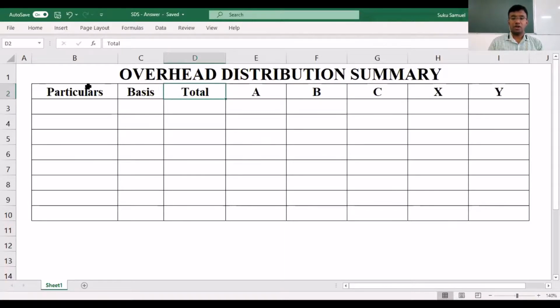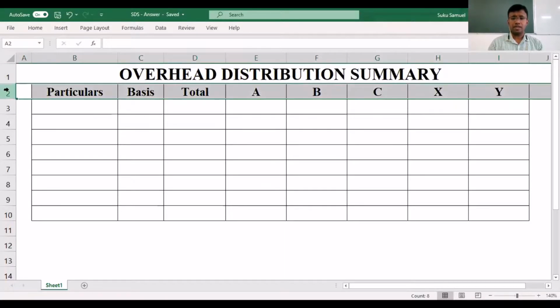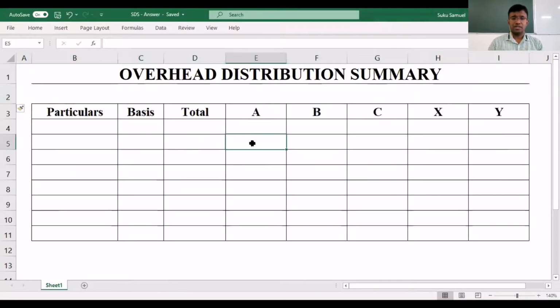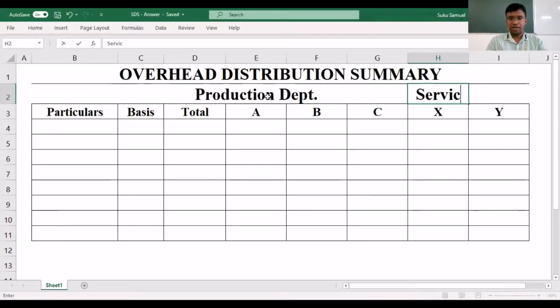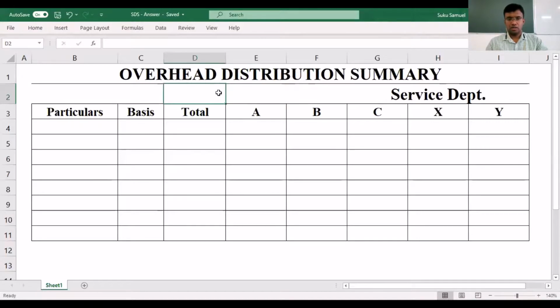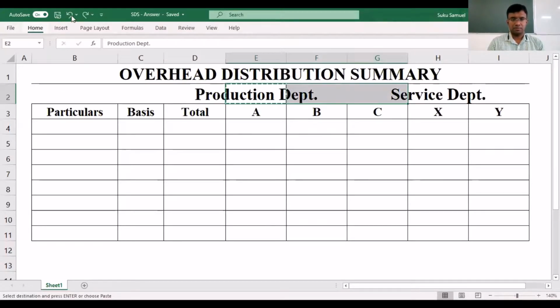Now, one important thing that you have to remember over here is that departments A, B, and C are your production departments, and X and Y are your service departments. So A, B, and C, these 3 together are your production departments, and X and Y are your service departments.